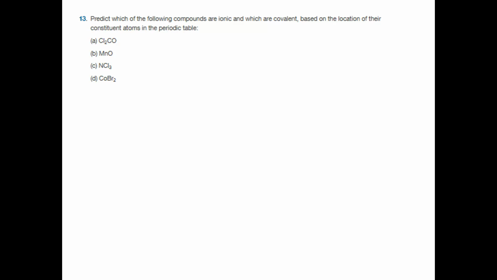Okay, so another type of question that you might be asked is to predict on the basis of formula whether a compound is ionic or not. And so what we want to be mindful of is that an ionic compound is always going to involve a metal and a non-metal. And typically the formula will begin with the atomic symbol for a metal.